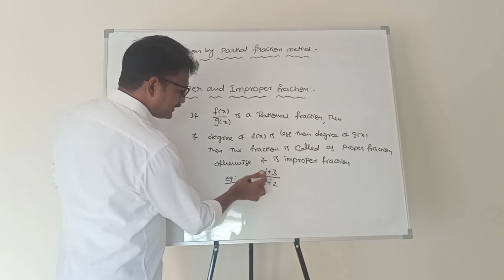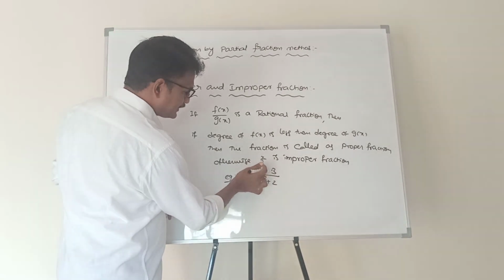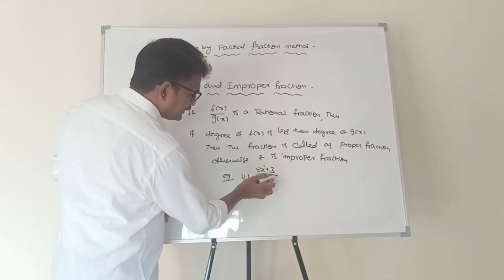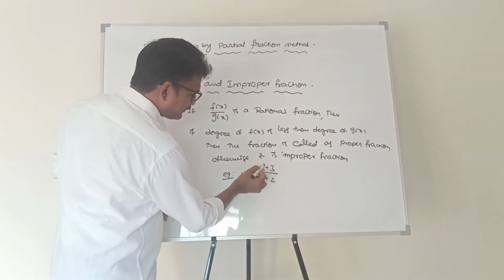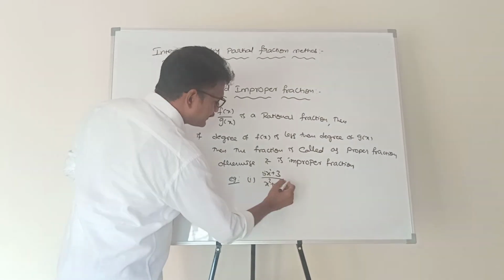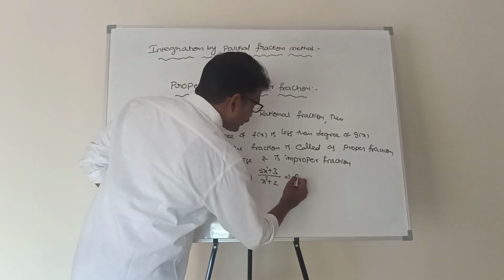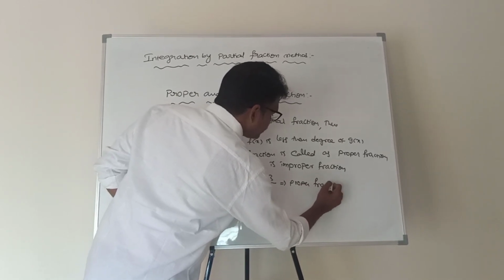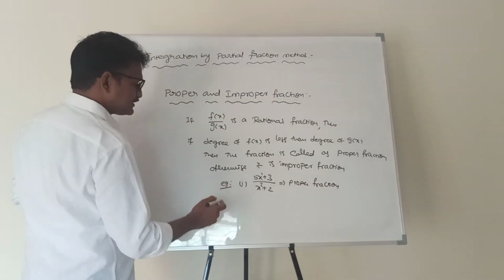That means the degree of the numerator is 1 and the degree of the denominator is 2. The degree of the numerator is lesser than the degree of the denominator, so it is called a proper fraction. Otherwise, it is called an improper fraction.